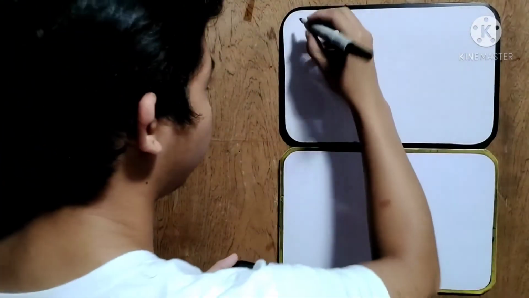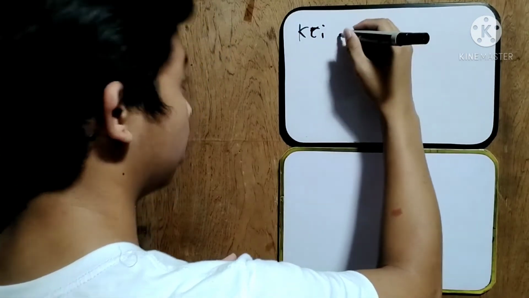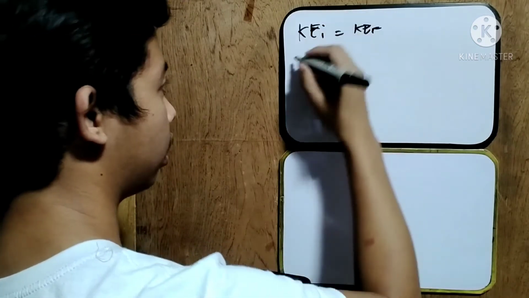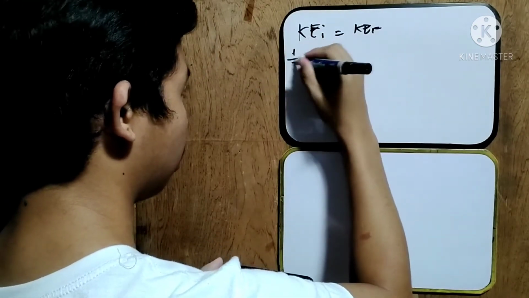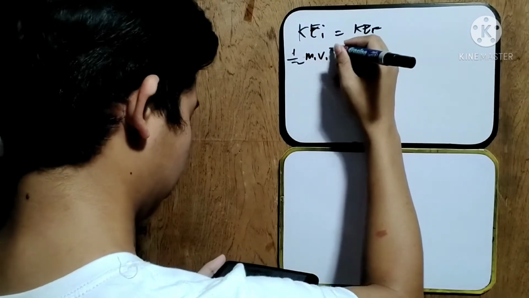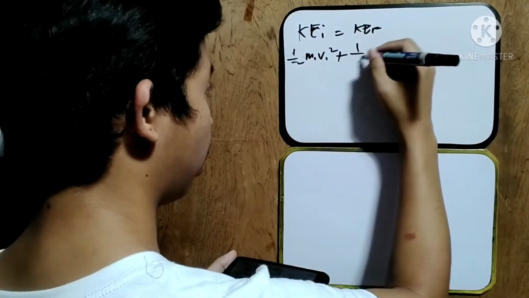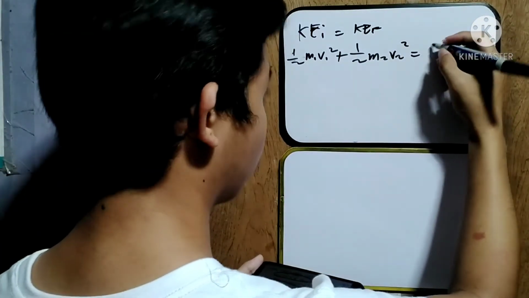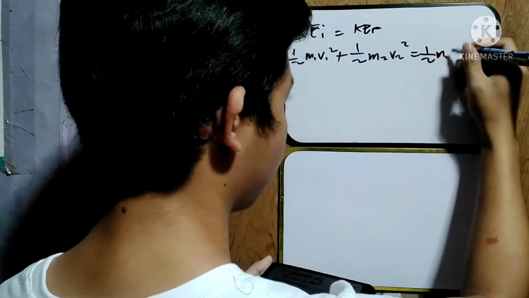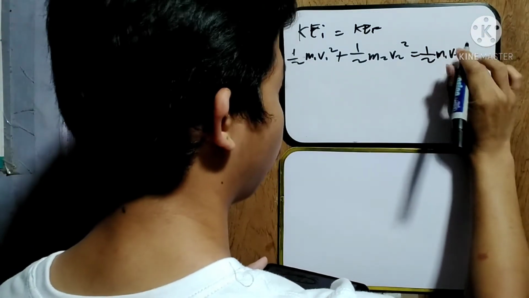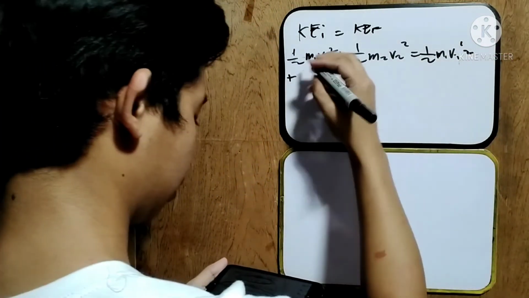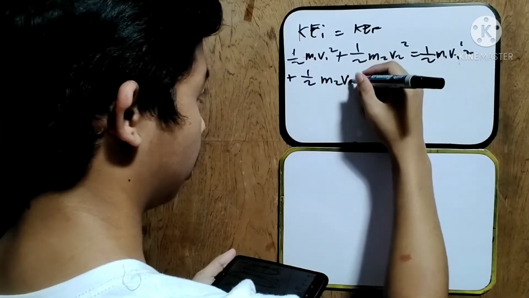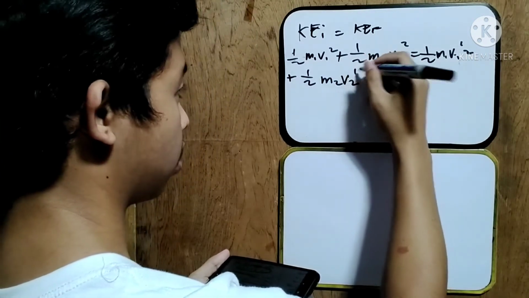So, sa equation 2, ang gagamitin natin ay KE initial is equal to KE final. Yung KE initial natin pwedeng gawing 1 half mass 1 velocity 1 squared plus 1 half mass 2 velocity 2 squared is equal to 1 half mass 1 velocity 1 prime squared plus 1 half mass 2 velocity 2 prime squared.